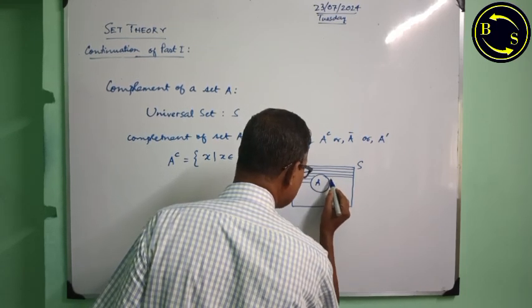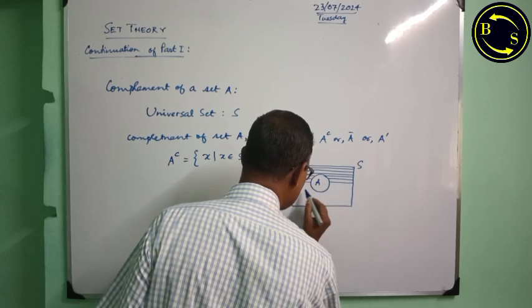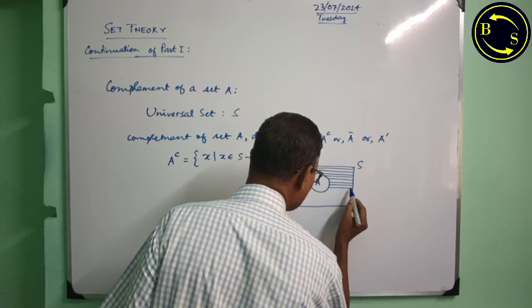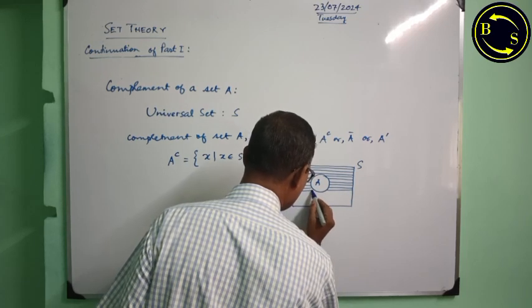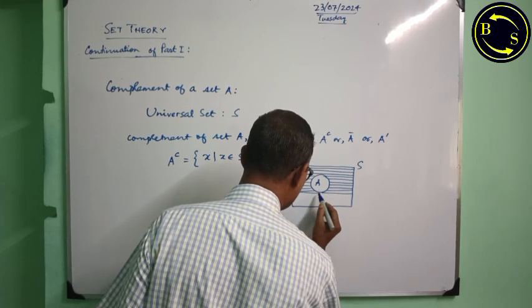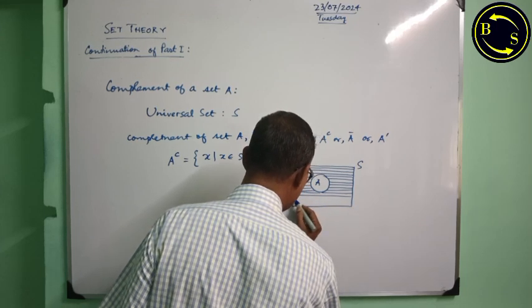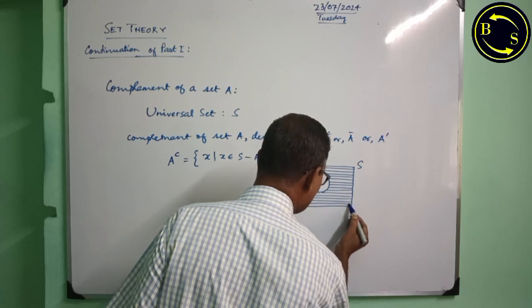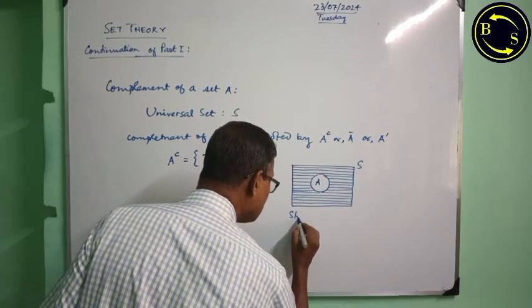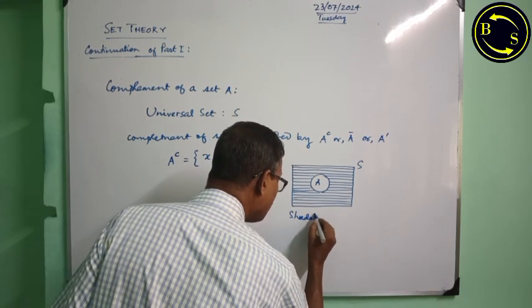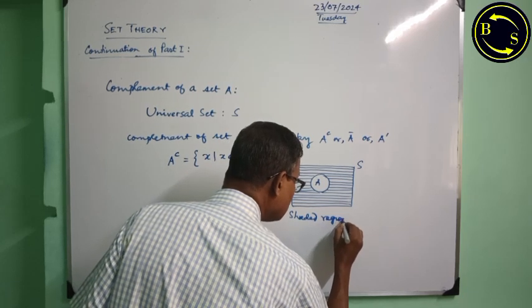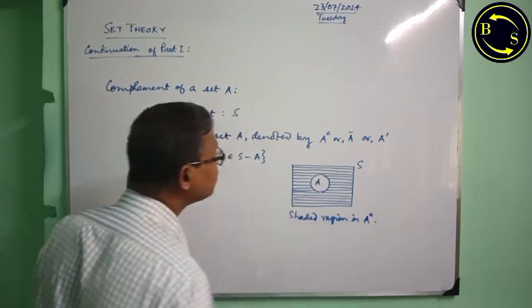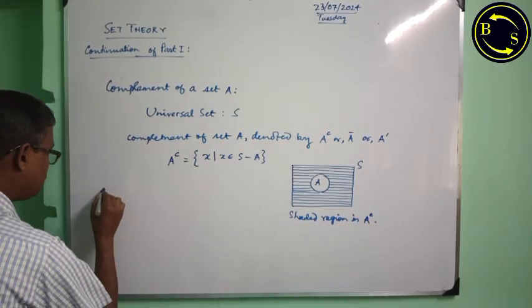The shaded region is the complement of the set A. Shaded region is A complement. We can take an example.